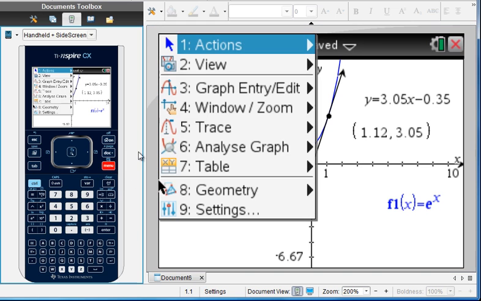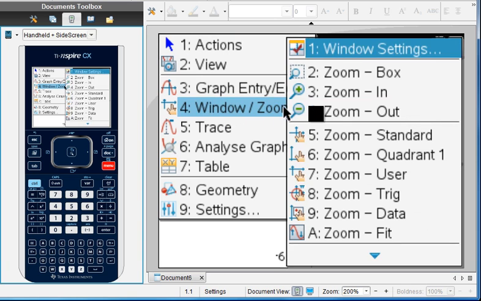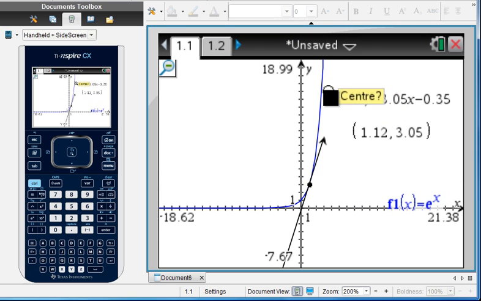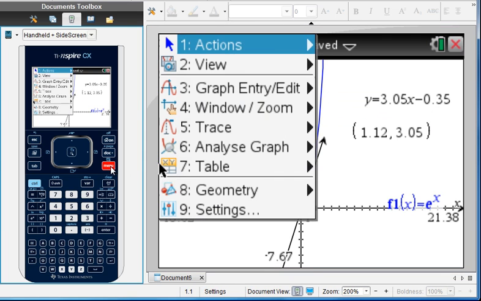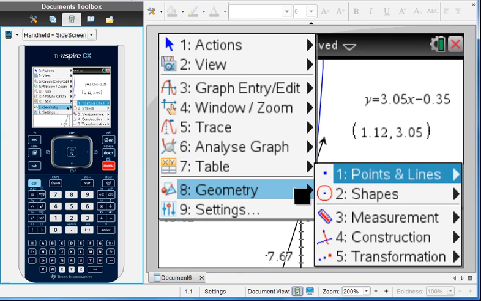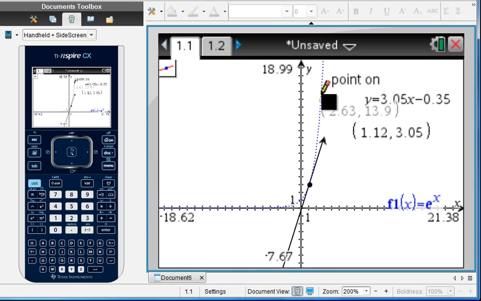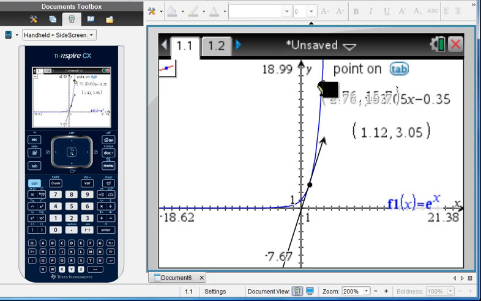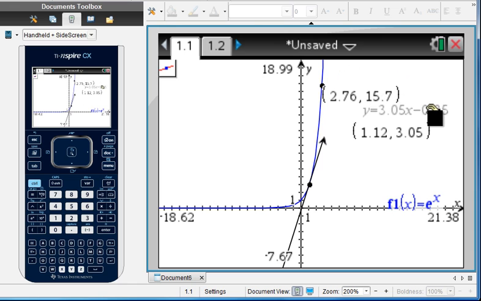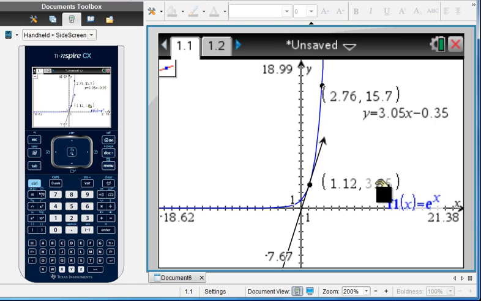So I'm just going to zoom out a little bit, and I want to find a point up here. Escape to go out. Once again, points on. How about 2.76? Why not? I'll move this down here.